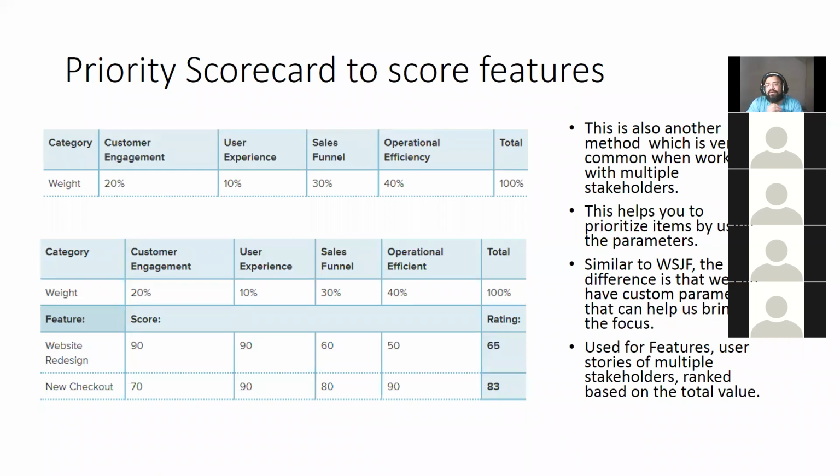Okay, so let's take an e-commerce, Amazon, let's say. What gives more money to them? Is it their design of the website, or the catalog, or the faster delivery, or the faster checkout? Which gives them more money?